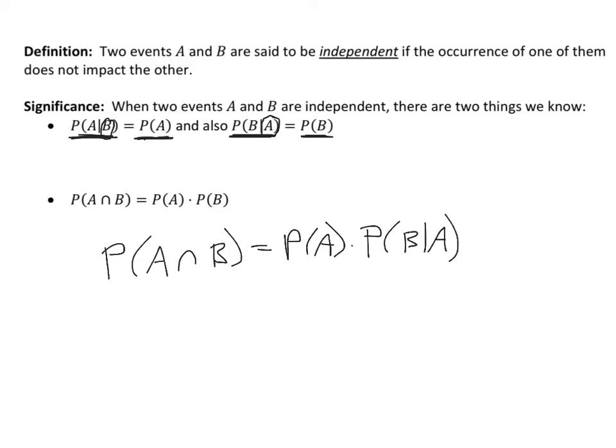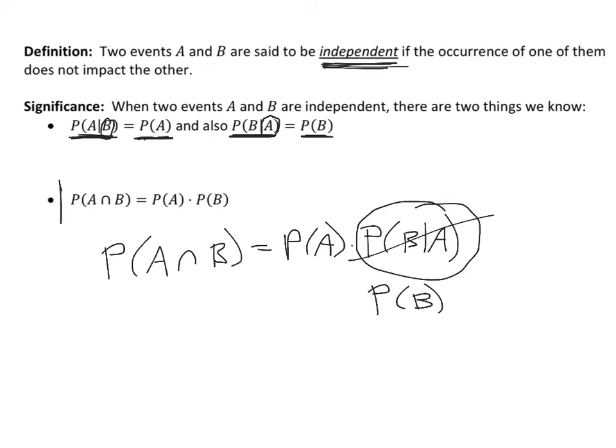But when events are independent, remember that this probability changes, or rather it doesn't change. This probability is the same as the probability of B. And so when we have independent events, we get a slightly different formula for the intersection of two events. So these two things are effectively properties of independent events.